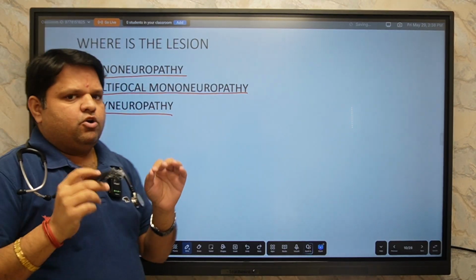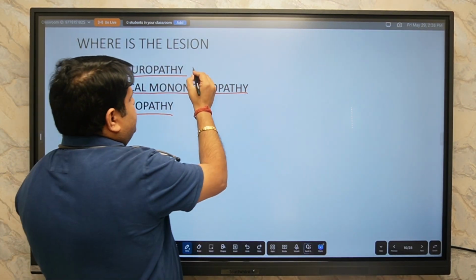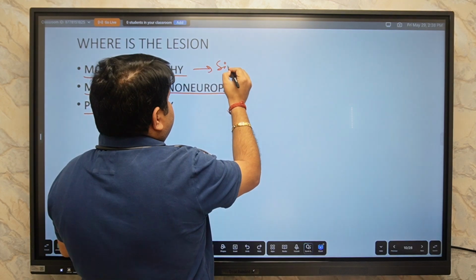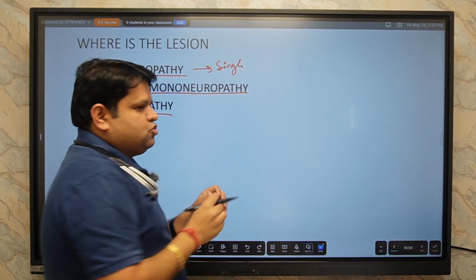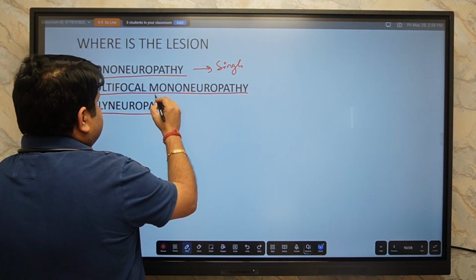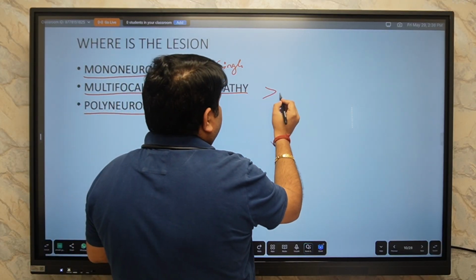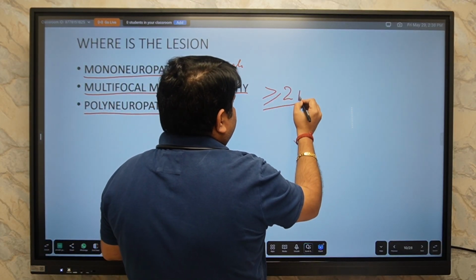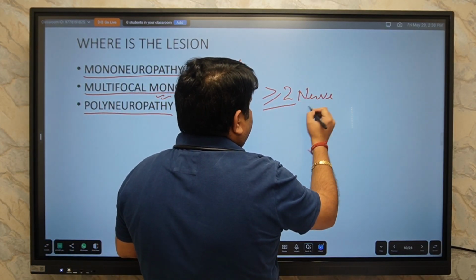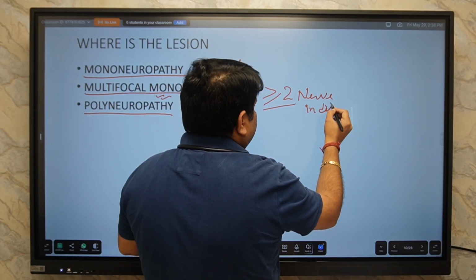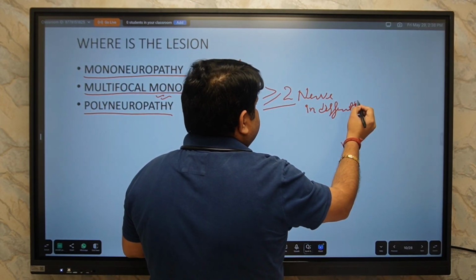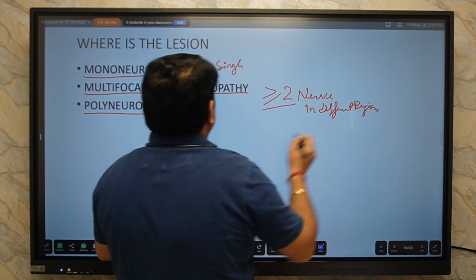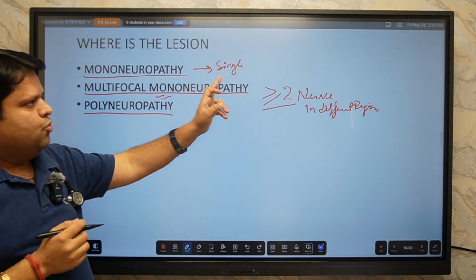If there is an involvement of a single nerve, this is called mononeuropathy. If there is an involvement of two or more nerves in different regions or different extremities, this is called multifocal mononeuropathy.